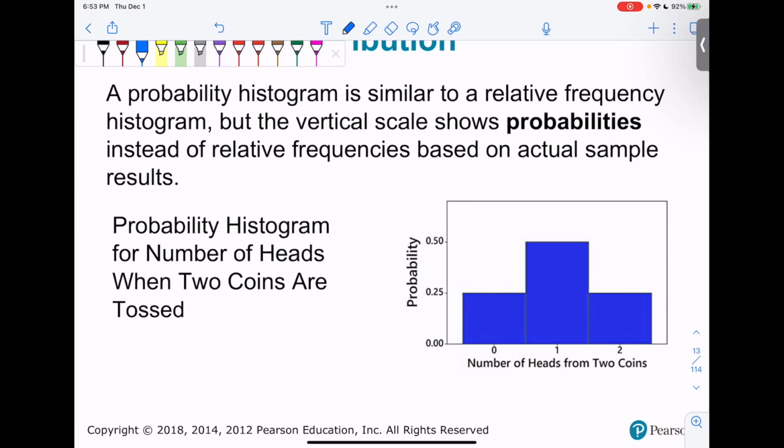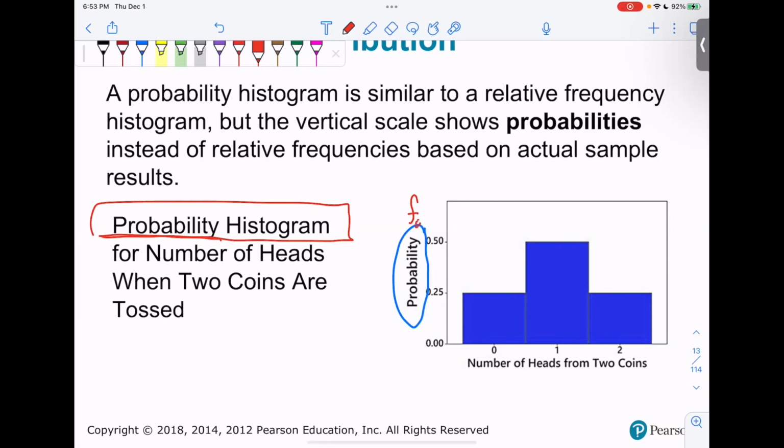The other one we did, if you remember, had frequency here, but here we have probability, so we call it a probability histogram. Why? Because in the y-axis we don't have the frequencies, but we have probabilities. So now our table was X, probability of X, and we have 0, 1, 2, 1/4, 2/4, 1/4. This is right.